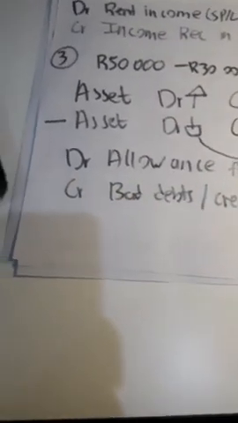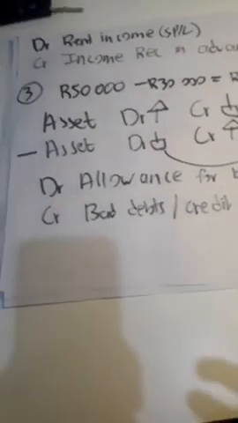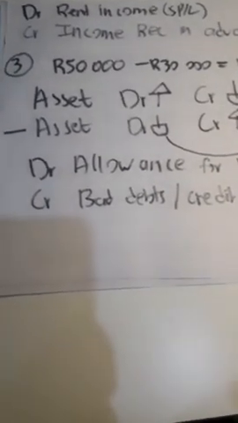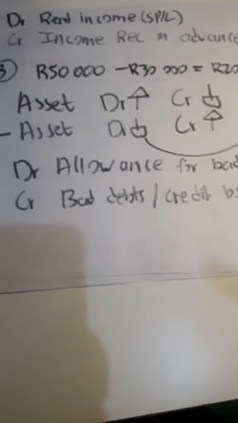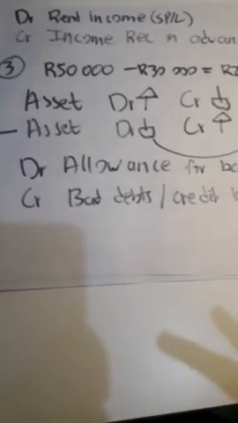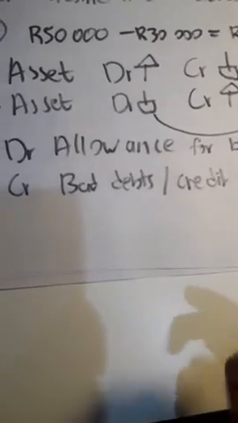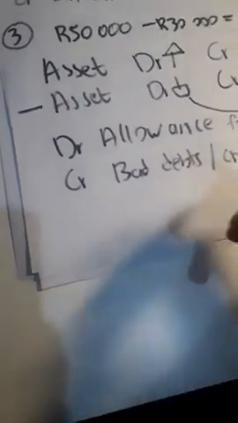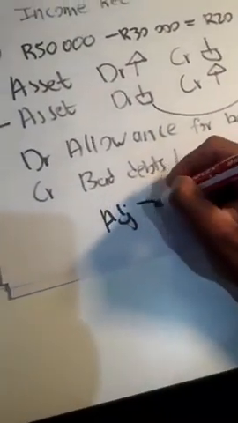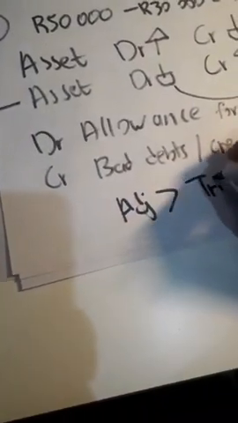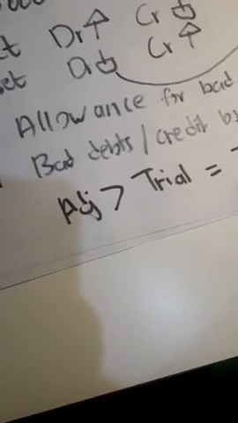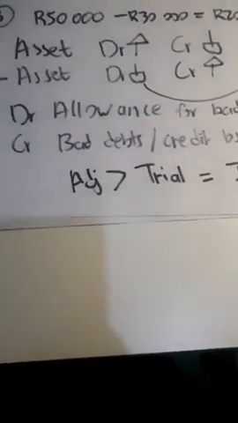Let me repeat this one, because I know most people are struggling with it. So first thing, let me put it easy. First thing, compare the allowance that you have on the trial balance and the allowance that you have on the adjustment. If the one on the adjustment is greater than the one on the trial balance, it means you need to increase your allowance for credit losses.